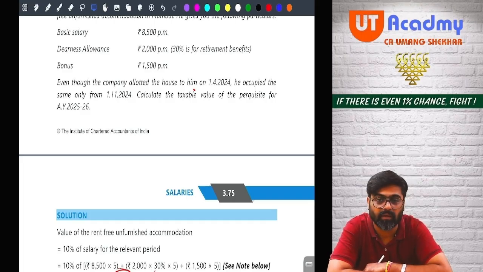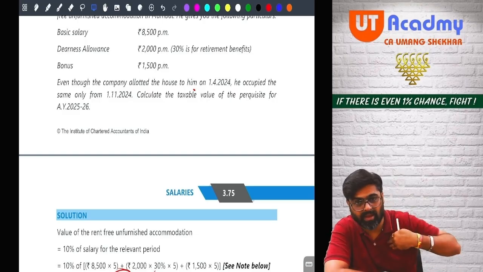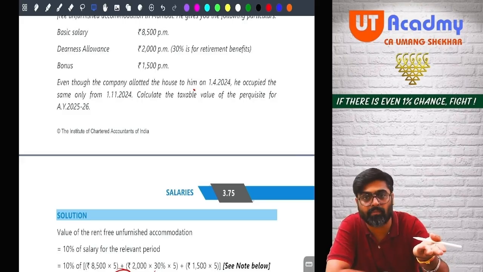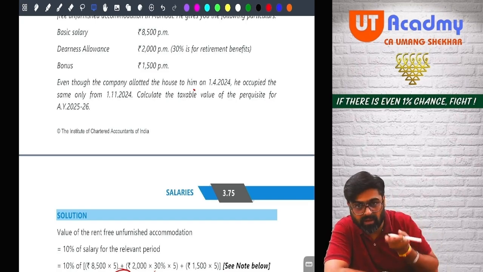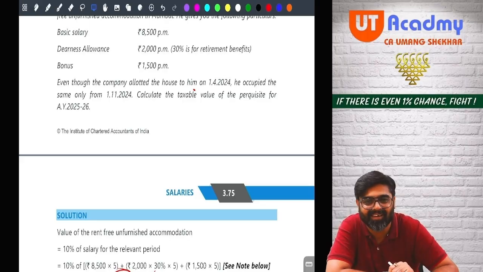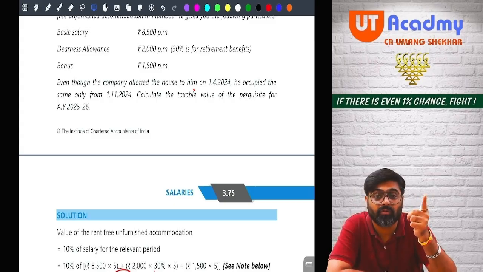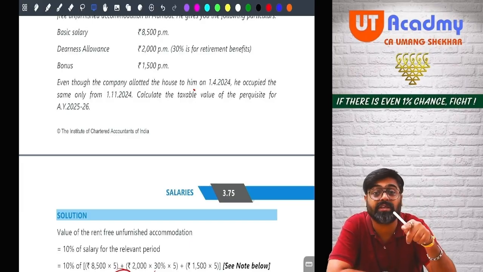Occupied. Company can allot at any time, no? So after the company is allotting, am I going and staying there? Am I occupying? No. So if I am not occupying the company's accommodation, I am not taking any benefit from the company. I will take the benefit from the company only after I occupy, no? So I will always count the number of months for which the accommodation was occupied and not the number of months for which it was allotted.